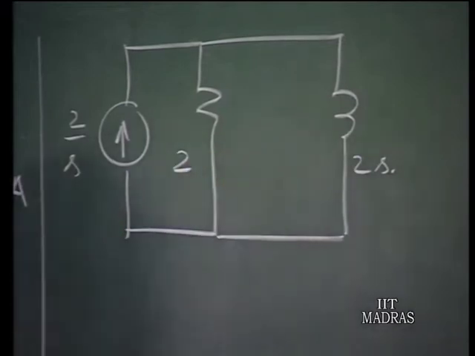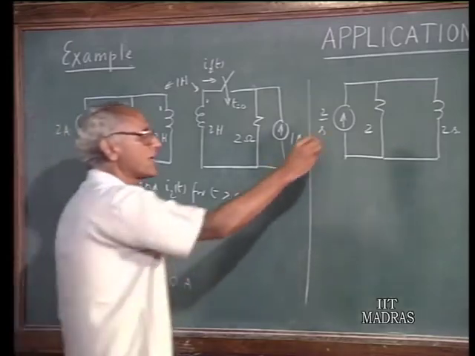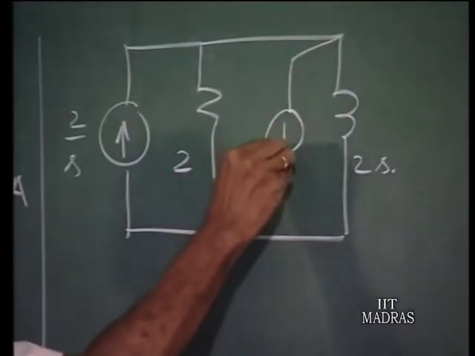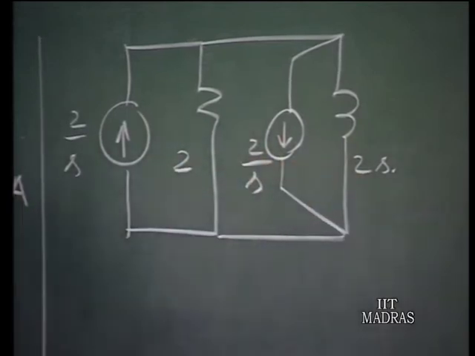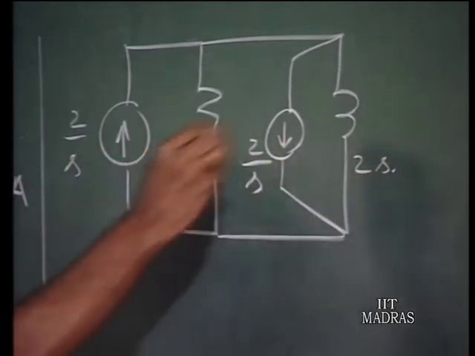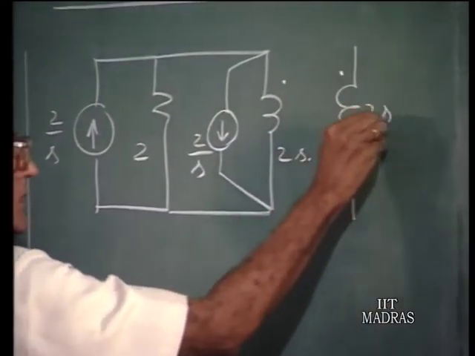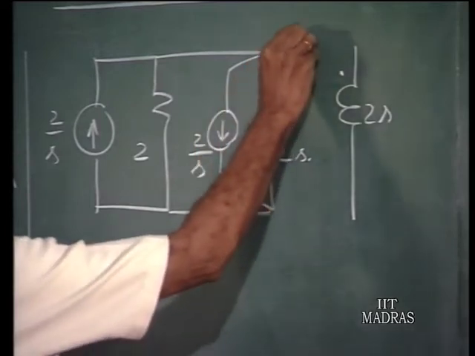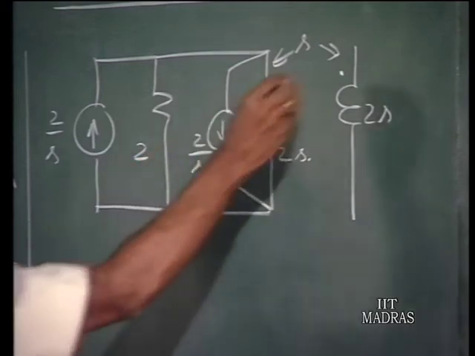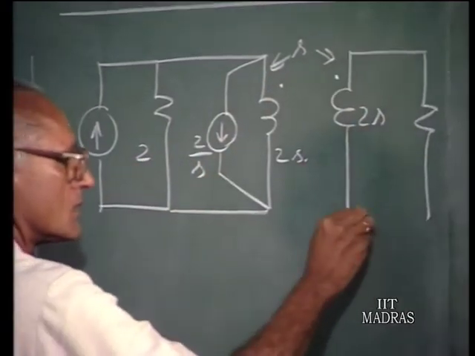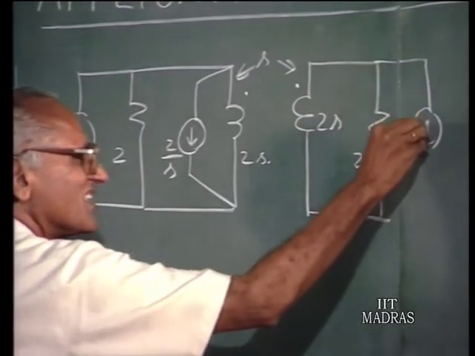Since the initial current here is 2 amperes, I can replace this by an equivalent current source of 2 by S in the second representation which we have just now discussed. And these two inductors have the same self inductance and a mutual inductance which is equal to S in the transform domain, and once the switch is closed here, you have this 2 ohms and then the current source here.